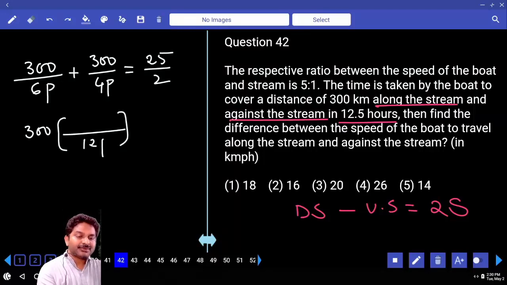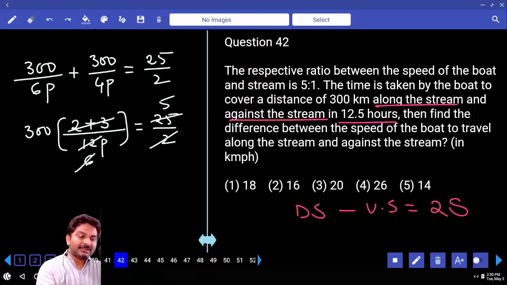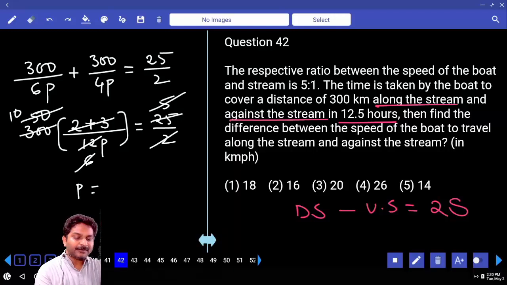LCM, 12 parts. 6 2 times, 4 3 times, 25 by 2. 3 plus 2, 5 how many times? That means P is equal to, and the question is about 2P, which is 20.